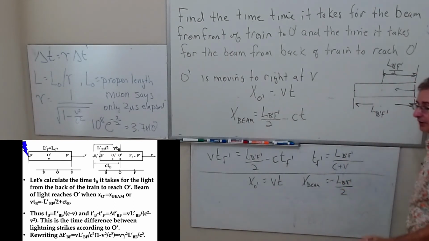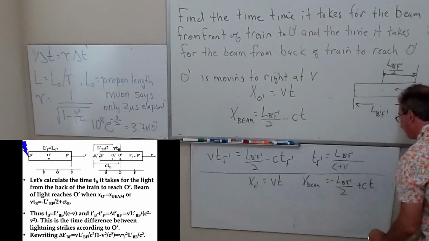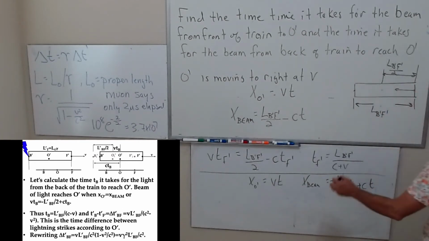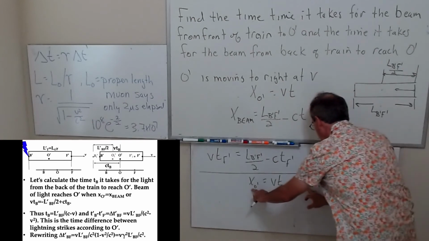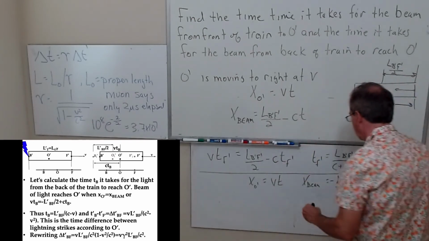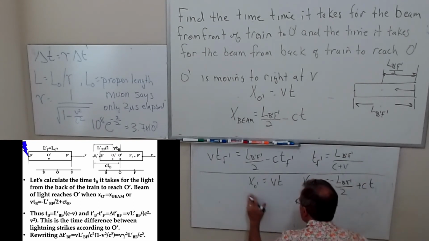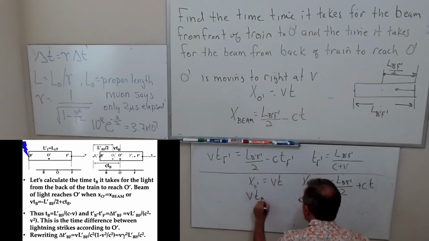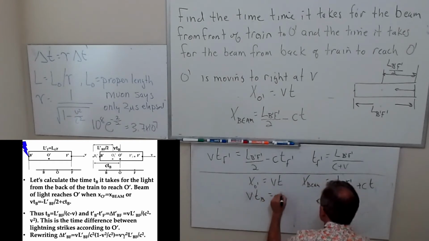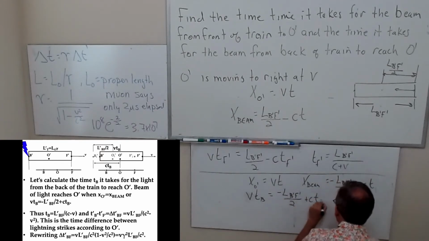But the light's traveling in the positive X direction. So at the time where these two coincide is when the observer measures the light, and so we set these equal to each other.